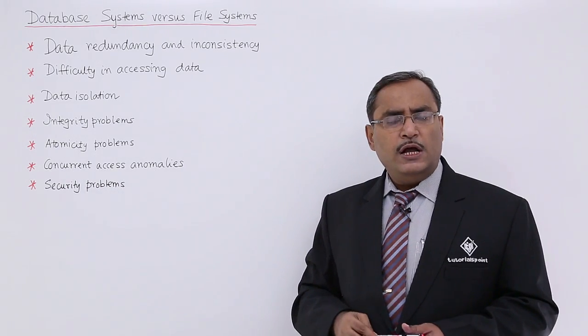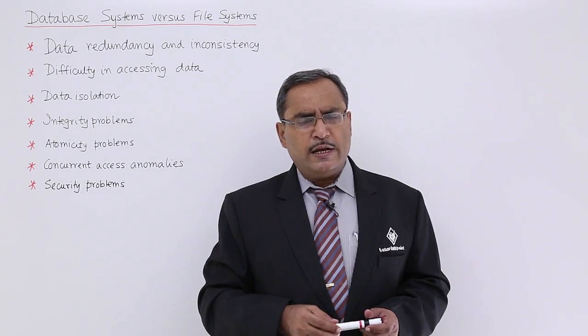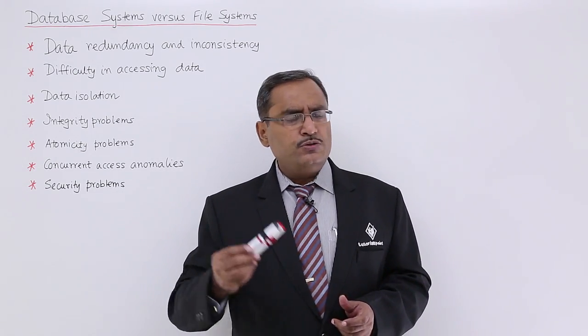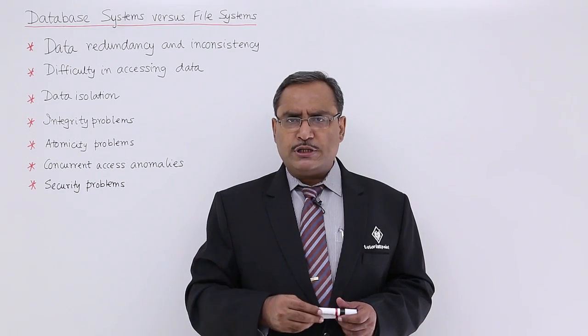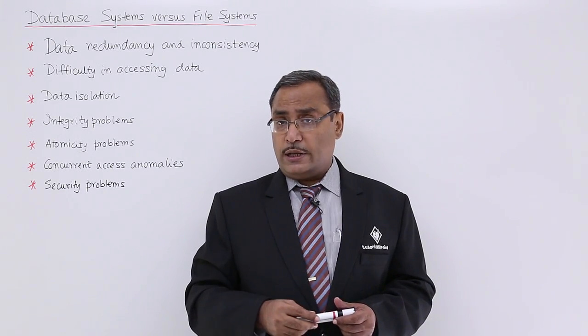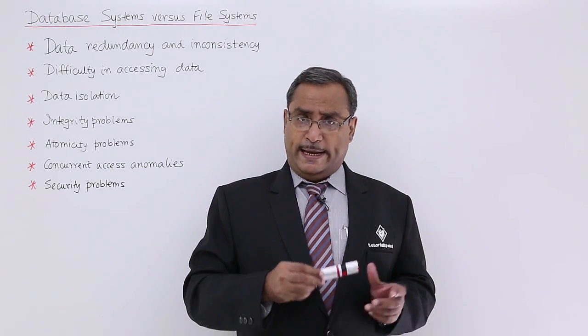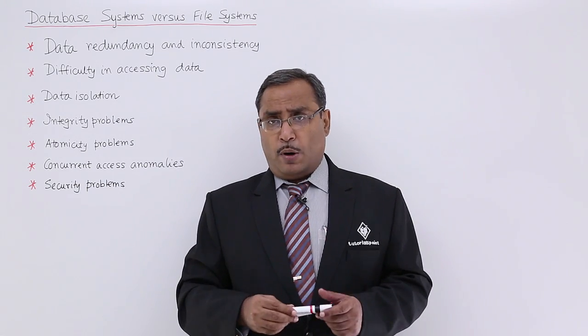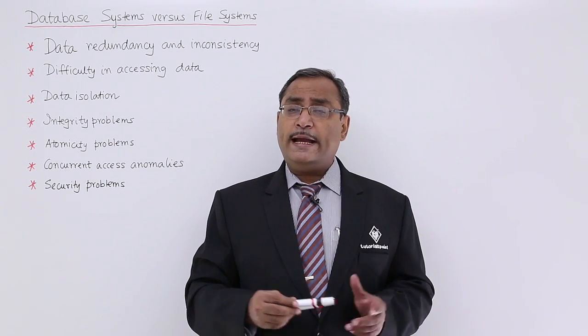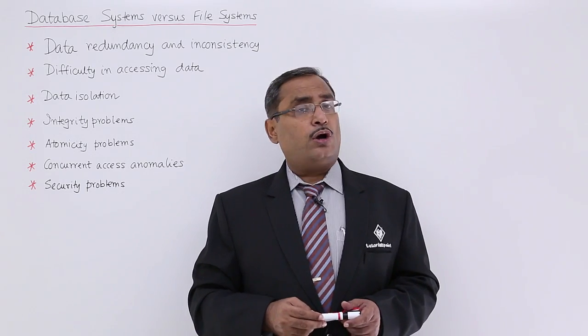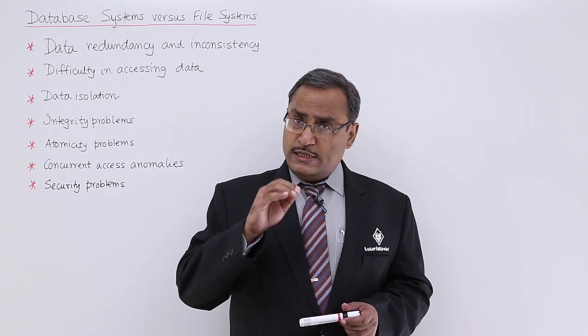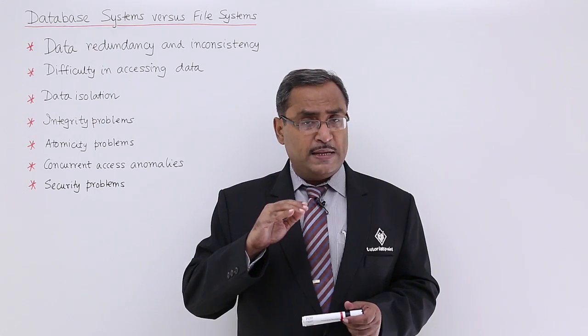Security problems. Different users are having different levels of abstraction. Some users can go for select operations only, read only operations. Some users might be going for insert and read operations, but they cannot do any deletion or updation operations. So this is known as different security measures.